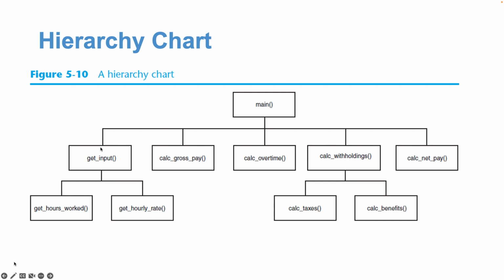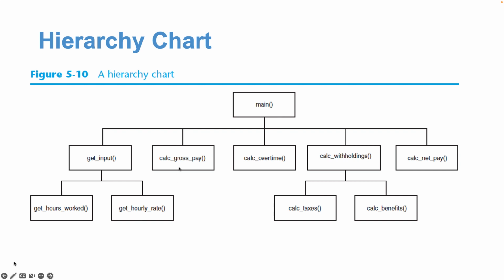In this simple example, we want a program that calculates an employee's salary, but we are breaking this down into a set of subtasks. First, we have a function that receives input, the hours worked and the hourly rate.